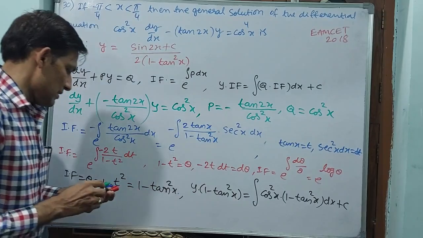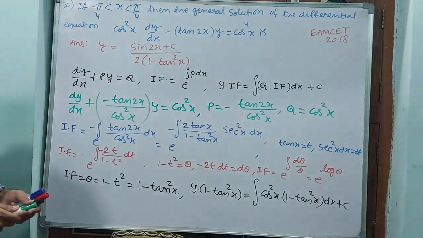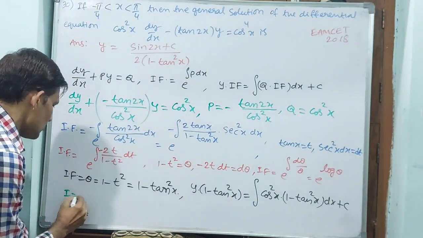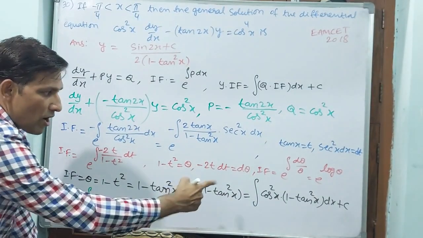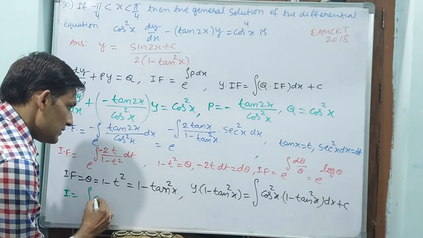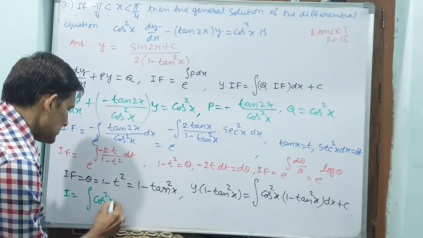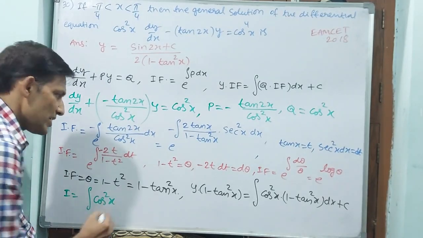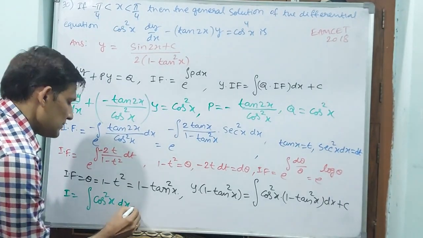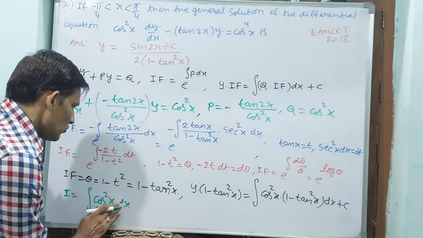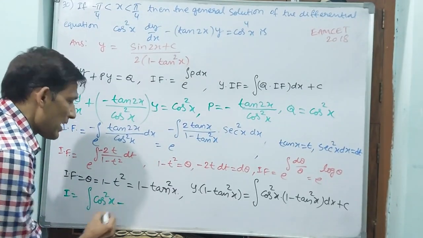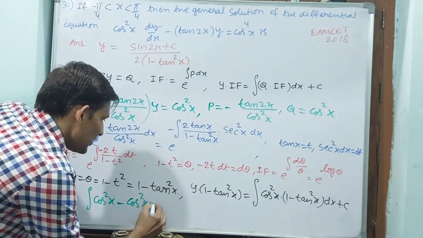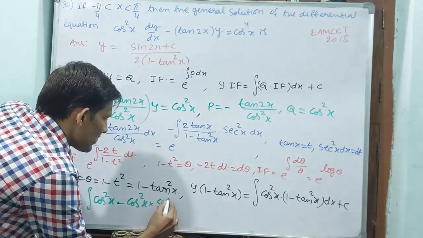You see here, what I want to say, I want to take this as I. I is equal to, I am writing, integral of cos square x minus cos square x into tan square x, where I write tan square x as sin square x by cos square x.